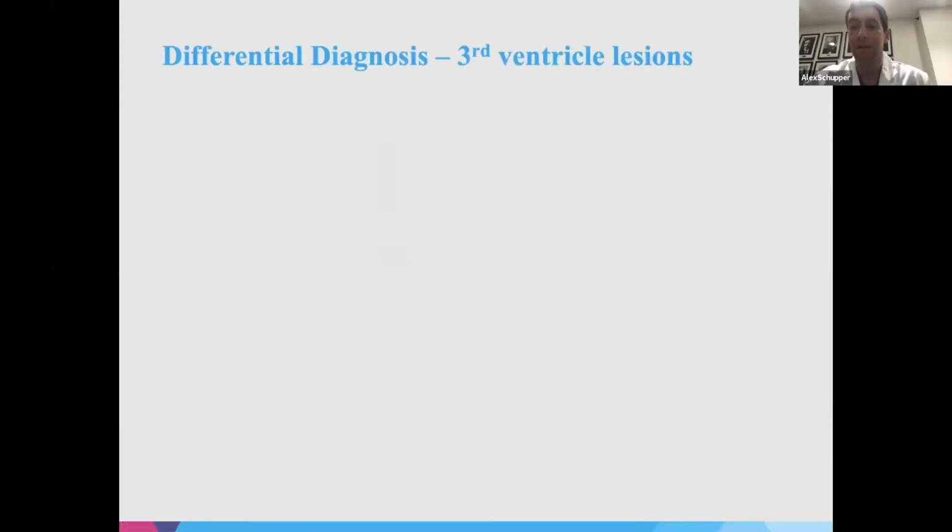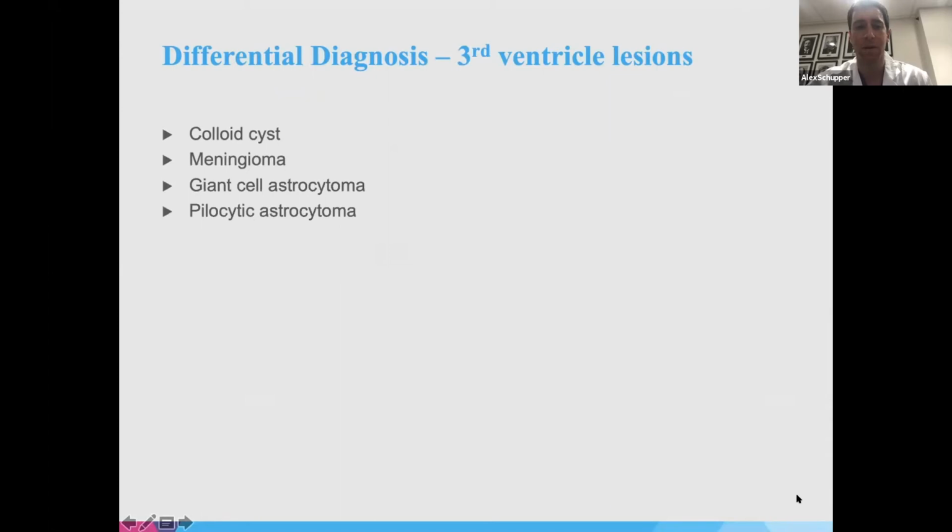So there's a very broad differential for third ventricular lesions. Obviously, this is a lecture on colloid cysts, but it's very important to keep in mind that not all lesions in the third ventricle are colloid cysts. So just to very briefly discuss things that you should keep in mind when you see a scan of a patient with a lesion in the third ventricle: it can be a meningioma, it can be a giant cell astrocytoma or pilocytic astrocytoma.